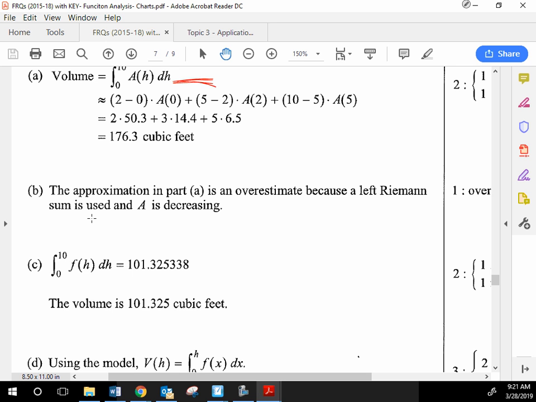I mean, it could be concave down and decreasing still, right? We're concave down, but we're still decreasing. So guys, for your Riemann sum to know if it's an over or underestimate, you don't need to know concavity, you just need to know increasing versus decreasing.